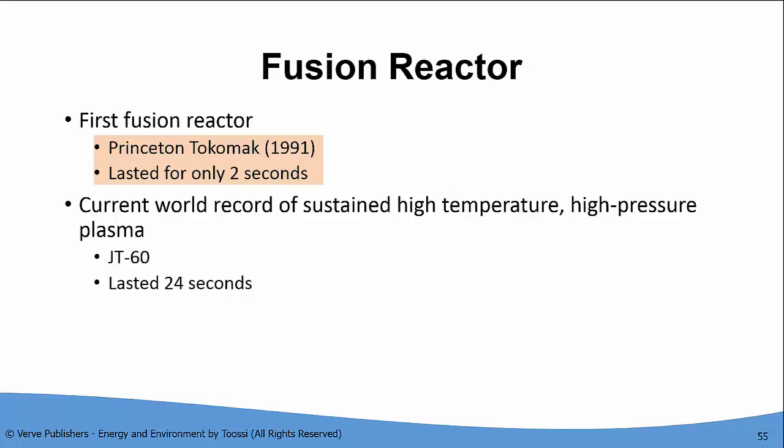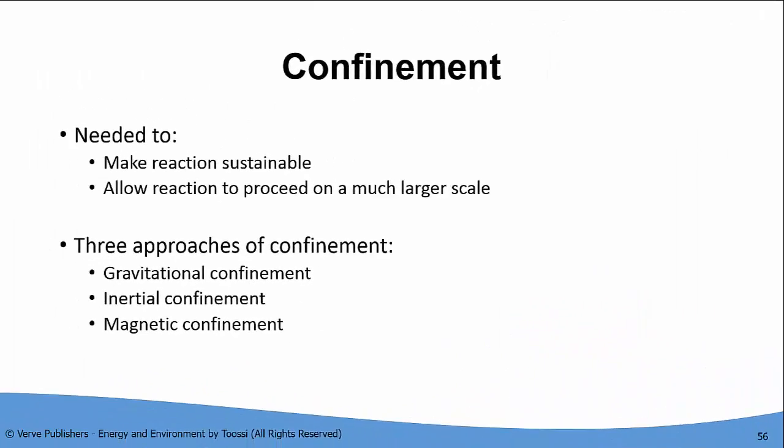We have achieved fusion only for a very short time, about 2 seconds, but we need a much longer time to sustain the reaction. There are other reactors like JT-60 in Japan, and they were able to achieve fusion for a longer period of time.